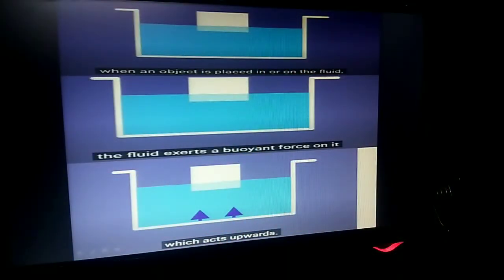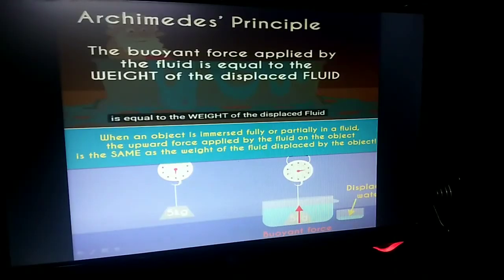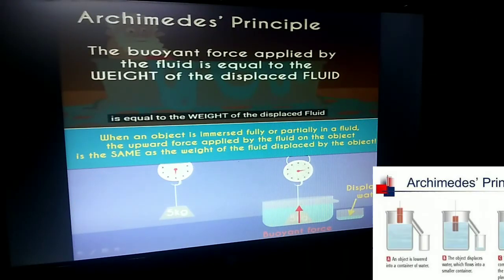When an object is placed in a fluid, the fluid exerts a buoyant force on it, which acts upwards. Now, Archimedes' principle: the buoyant force applied by the fluid is equal to the weight of the displaced fluid.